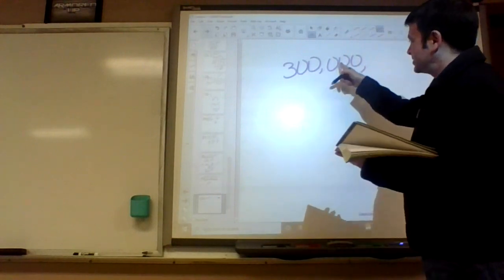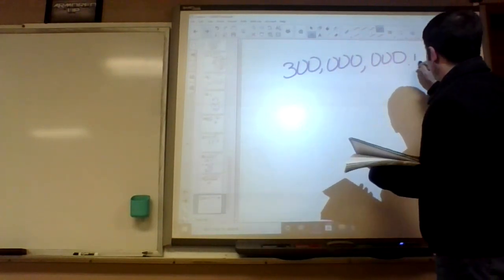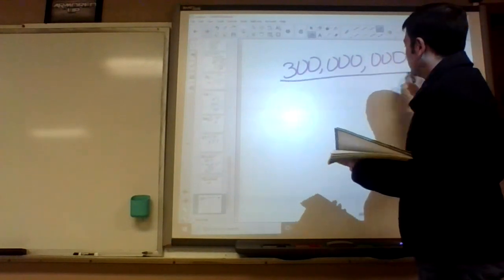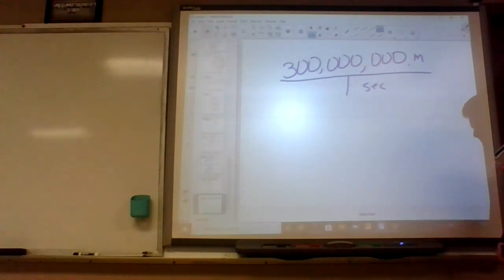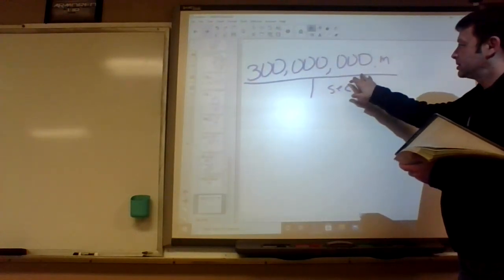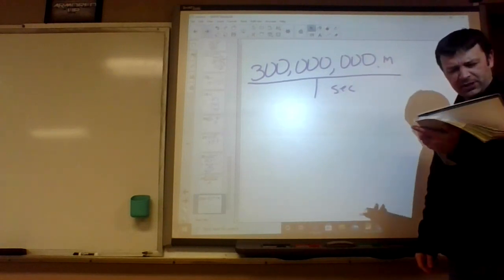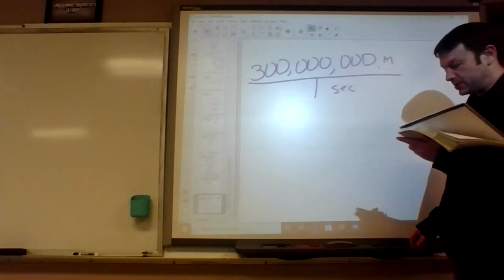Okay, there's millions, thousands, ones. Meters in 1 second. Okay, that's not the answer, that's just part of the problem. And they want us to change it to kilometers in an hour.